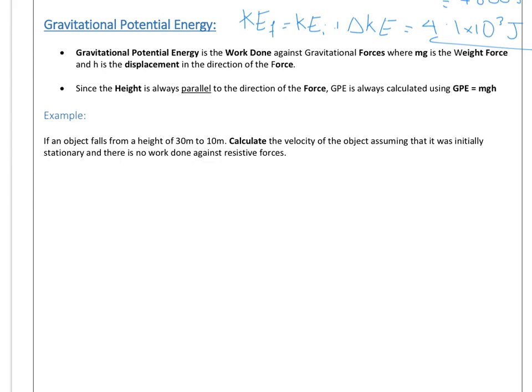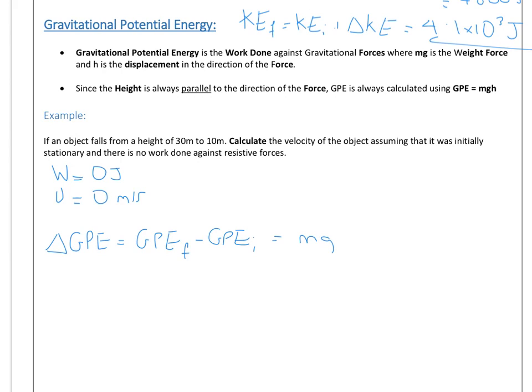So let's summarize the information we've got. We know that the work done is 0, and we know the initial velocity, which we usually give the symbol u, is 0 meters per second. First, let's calculate the change in gravitational potential energy. Remember, it's GPE final minus GPE initial.